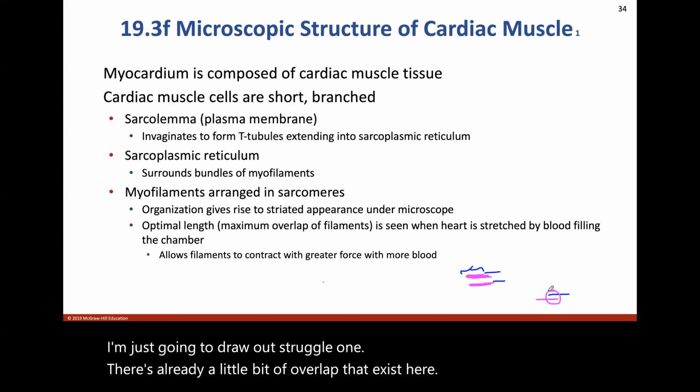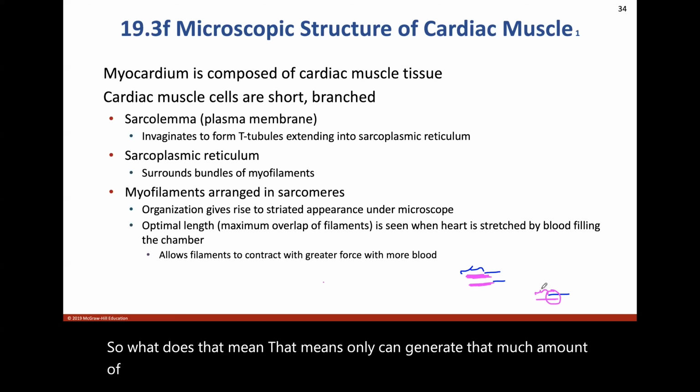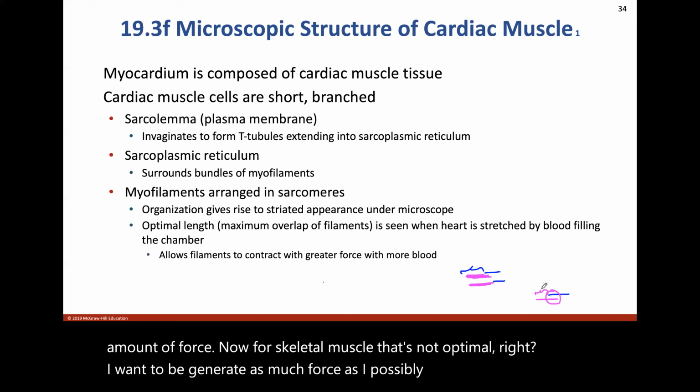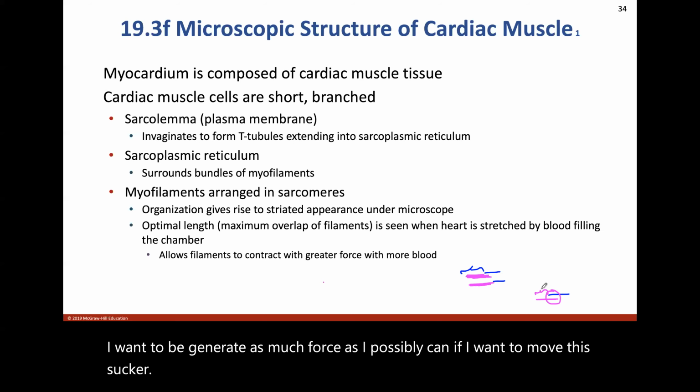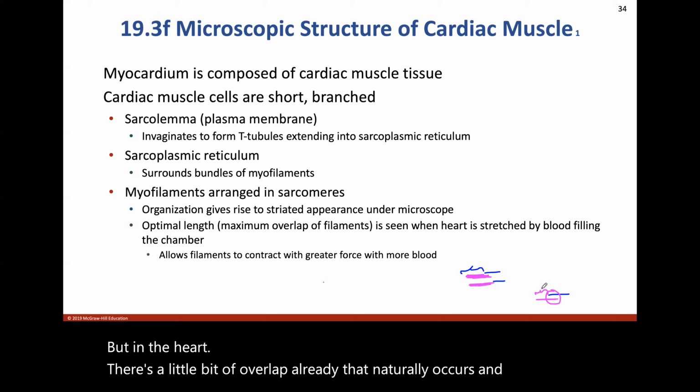So what does that mean? That means I only can generate that much amount of force. Now for skeletal muscle, that's not optimal, right? I want to be generating as much force as I possibly can if I want to move this sucker. But in the heart, there's a little bit of overlap already that naturally occurs, and that's perfectly cool.